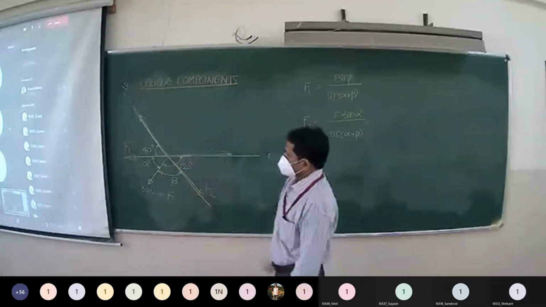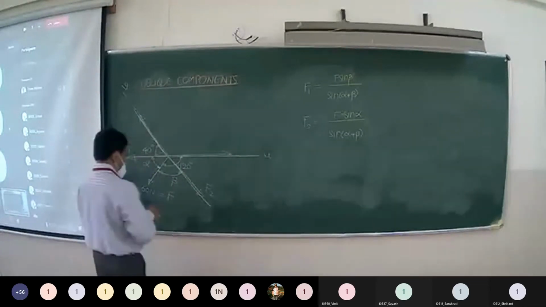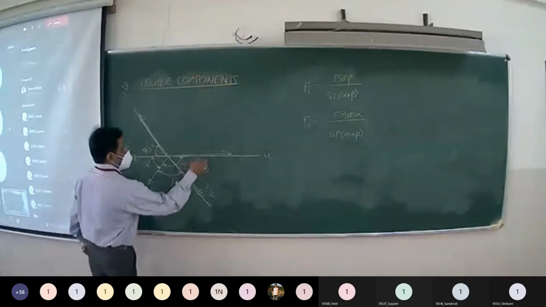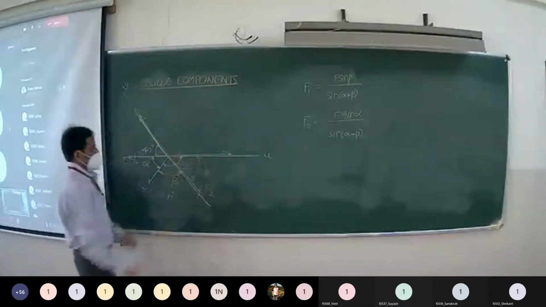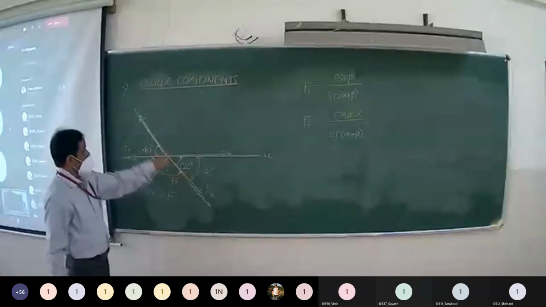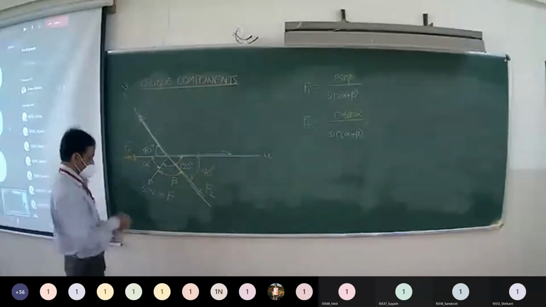Now from the geometry you can find out alpha and beta. So we have this angle as 40 degrees, right? The angle made by V with respect to U is 40.